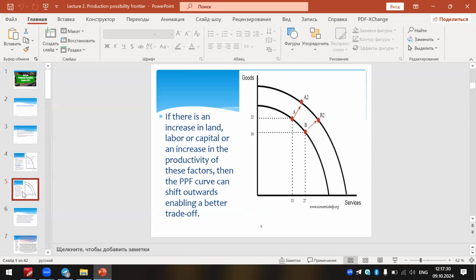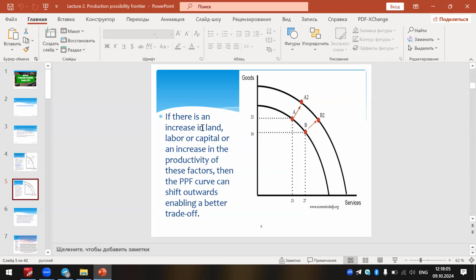So if there is an increase in land, for example, labor or capital, or an increase in the productivity of these factors, then the production possibility frontier curve can shift outwards, from A to A2 or B to B2. Then the curve can be shifted outwards, enabling a better trade-off.